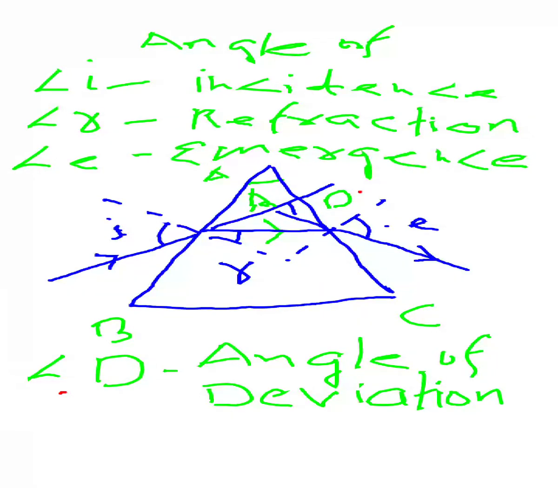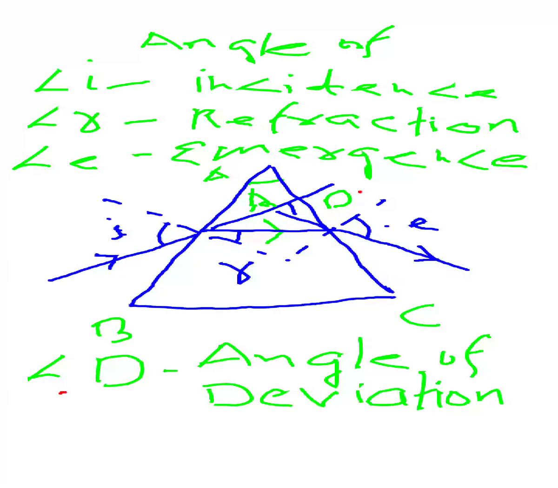There is some condition. When a ray of light suffers minimum deviation through the prism, the angle of incidence I is equal to the angle of emergence E. The ray passing through the prism will be parallel to the base of the prism, as I have shown.